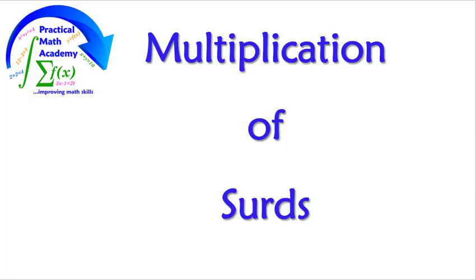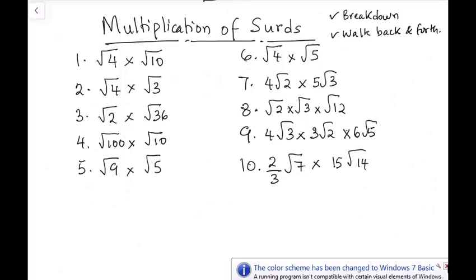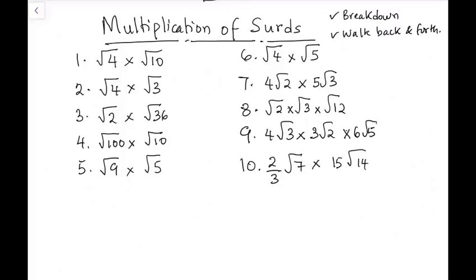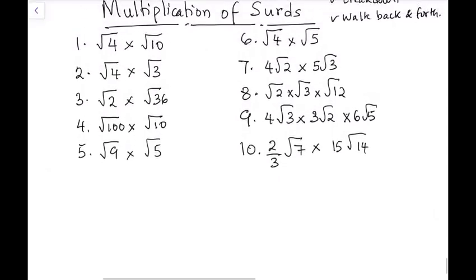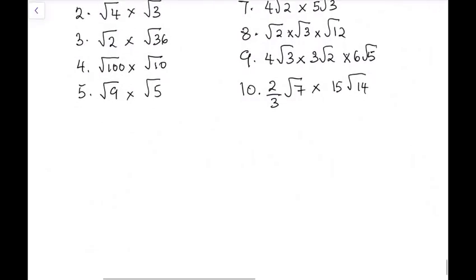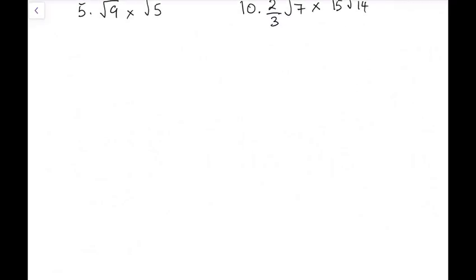And in this video we'll be looking at 10 basic examples that will really help us to understand how to multiply or solve problems when it comes to multiplying surds. So let's start. We'll begin with question number 1. The first one we look at is root 4 times root 10, and that gives us root 40.